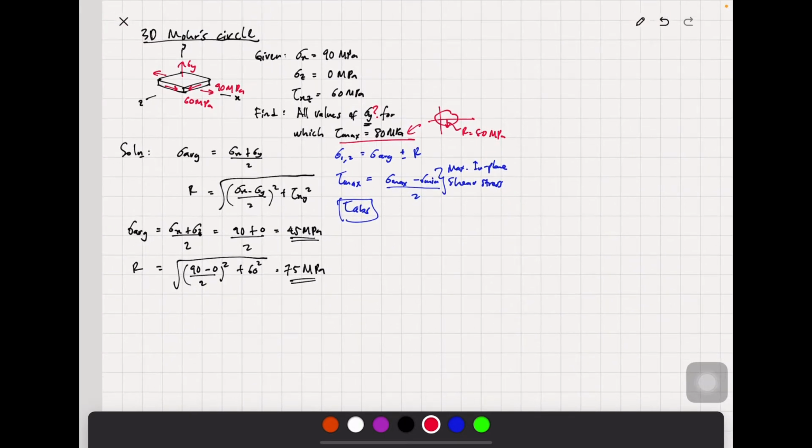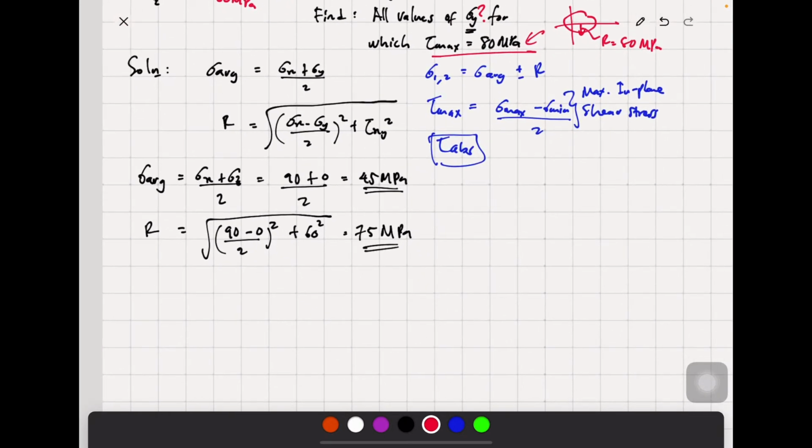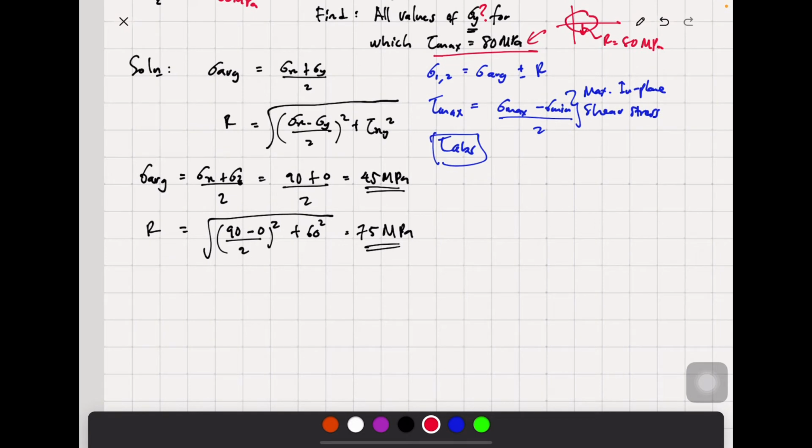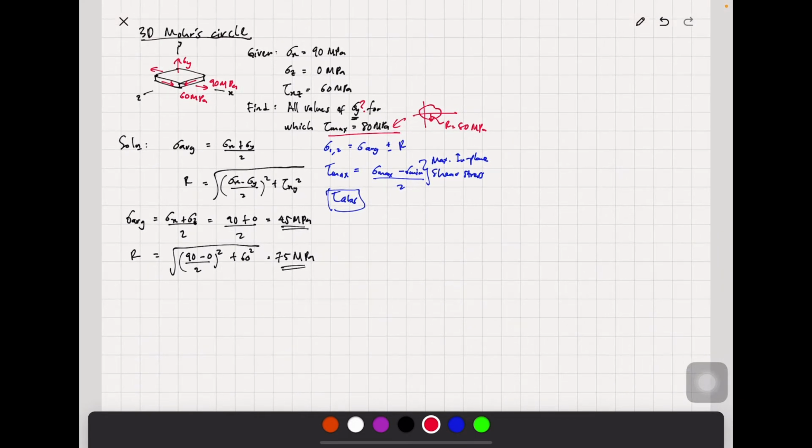The radius that you have calculated from the values given, it requires you to, obviously we need a larger circle. All right, so that is the conclusion that we're going to have on our Mohr circle.